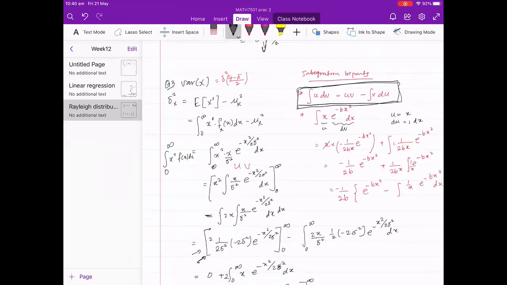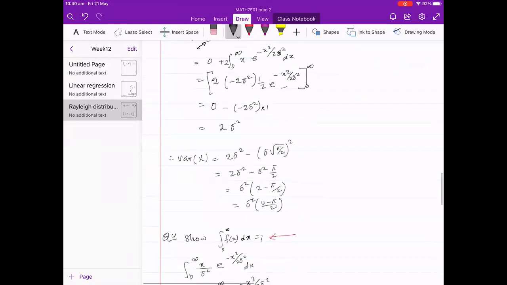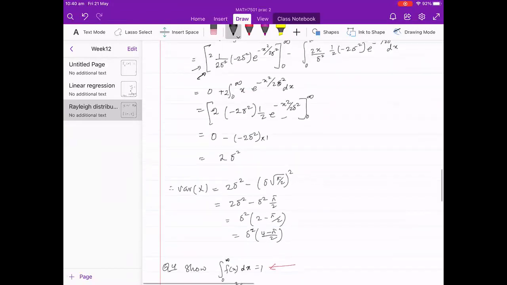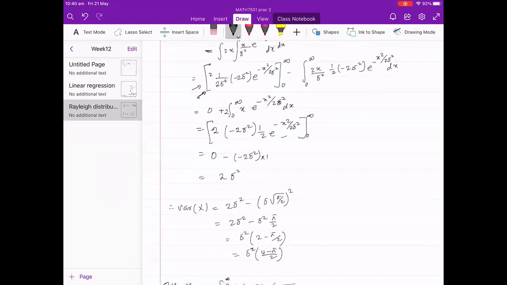Okay. So to compute the variance, this part is the expected value of x squared, minus mu squared.